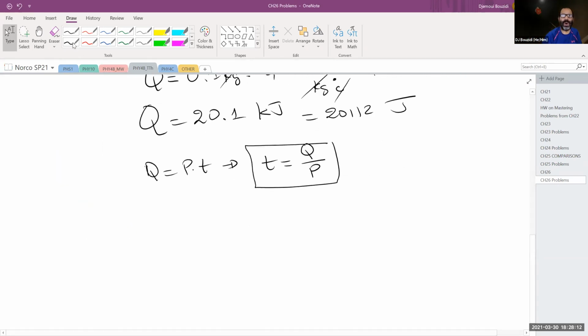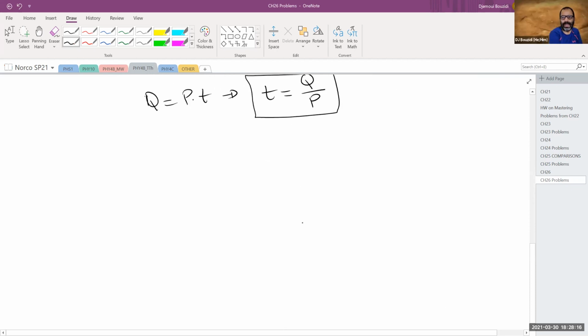So the R equivalent overall, this is how the circuit really looks like. It looks like this. This is the R equivalent for the entire circuit, which is 20 plus 5 plus 5, and that is 30 ohms.